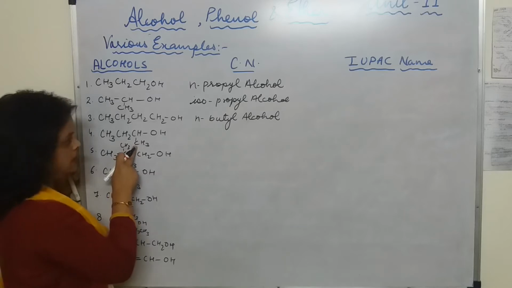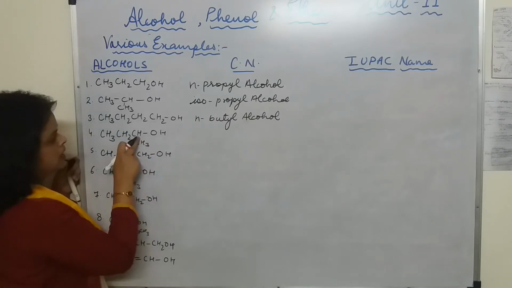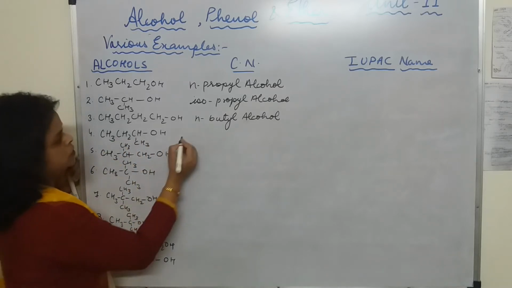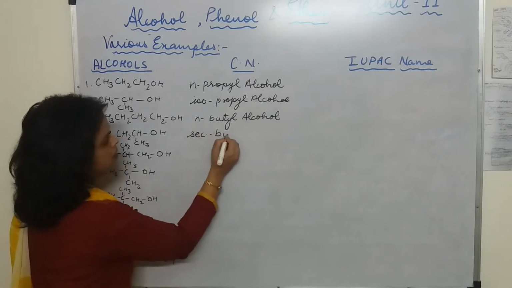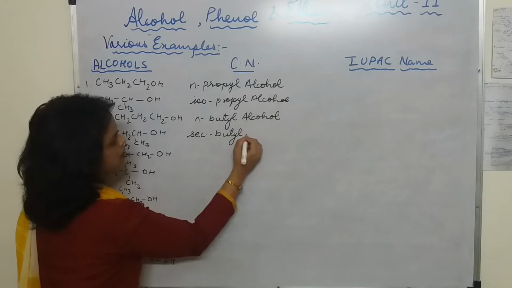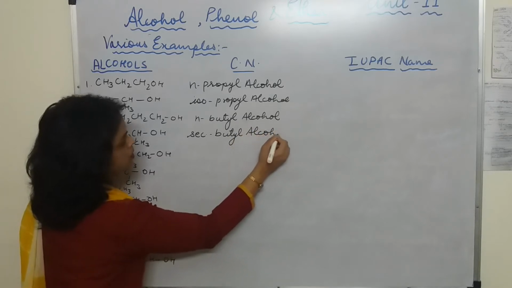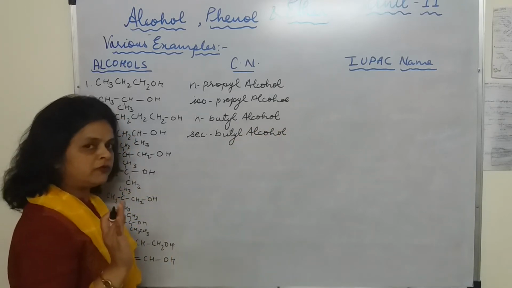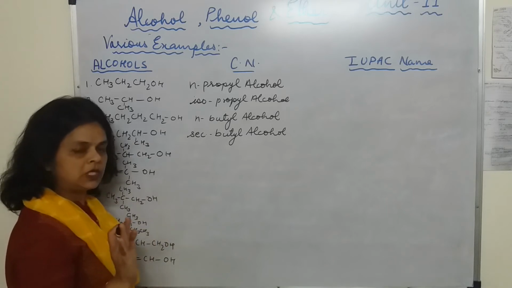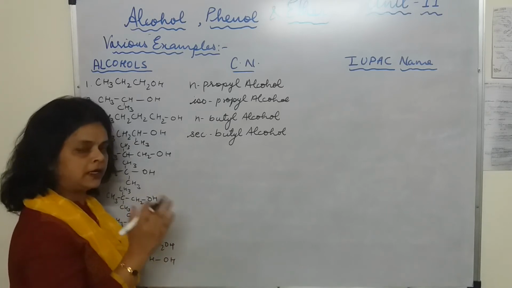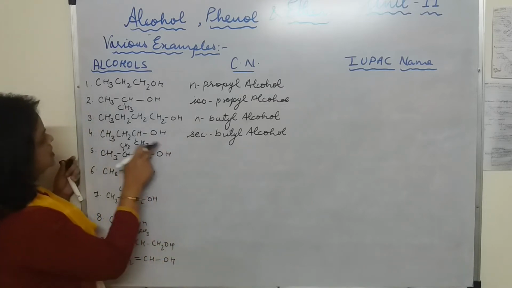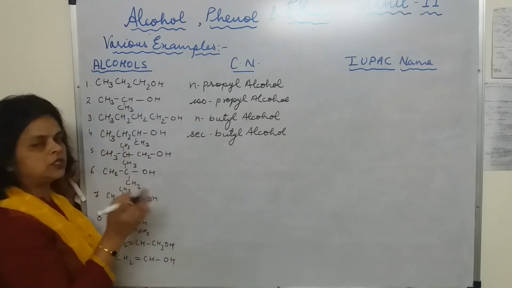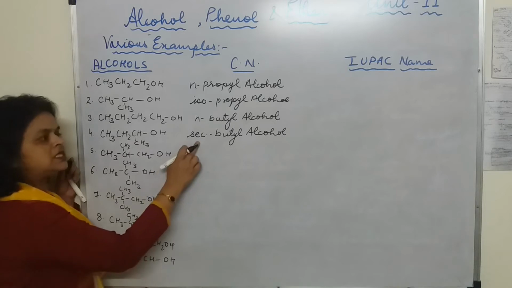It is butyl, but the OH is attached to a secondary carbon, so we write secondary butyl alcohol. Students, first of all you have to see whether it is iso or neo. If it is not iso, neo or n, then you find out whether it is secondary or tertiary. In this case it is not iso, not neo, not n, but secondary.